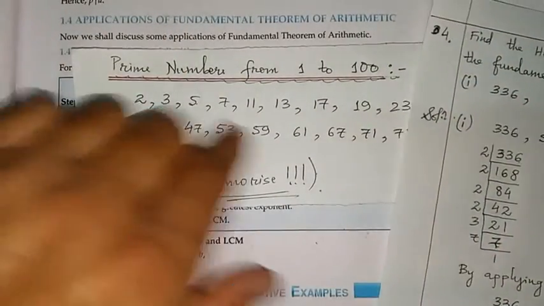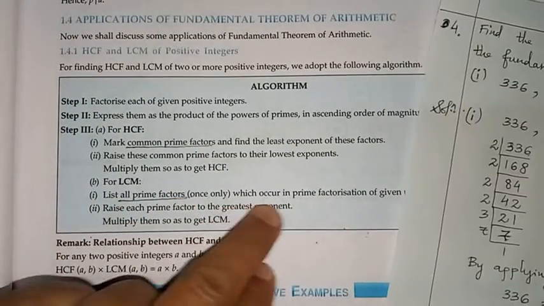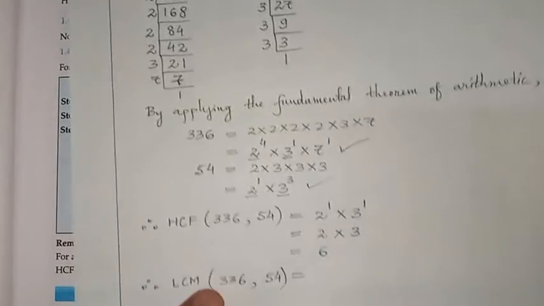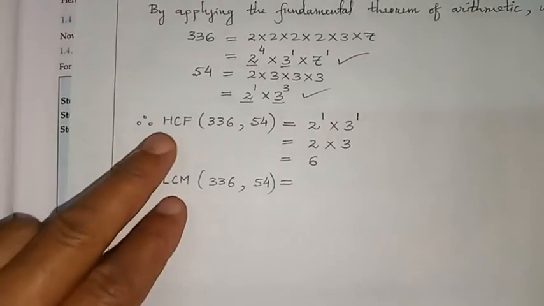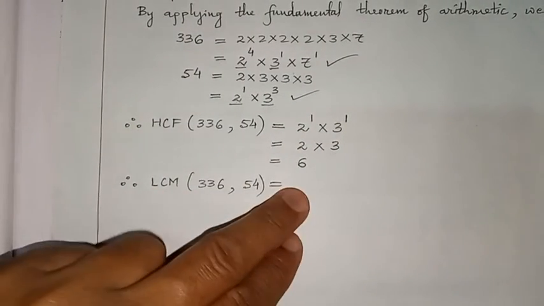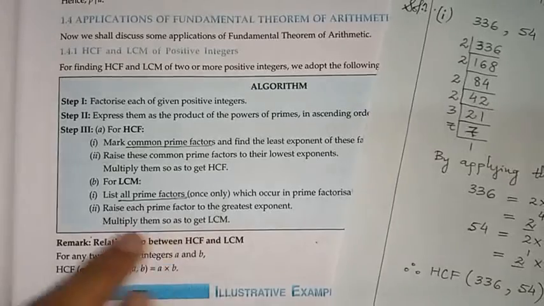Any prime number which comes as a prime factor, write all. So write all the prime factors which occur, and then raise each prime factor to the greatest power. There's a difference between HCF and LCM. In HCF, we write the lowest power, but in LCM, we write the highest power. Means write all the prime factors with the highest power and then multiply them to get LCM.